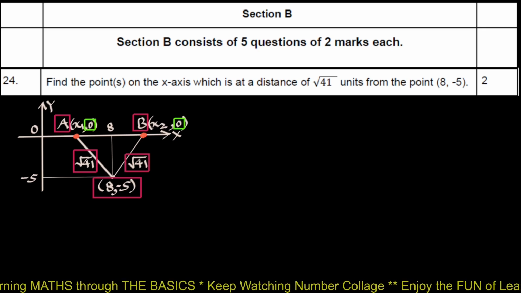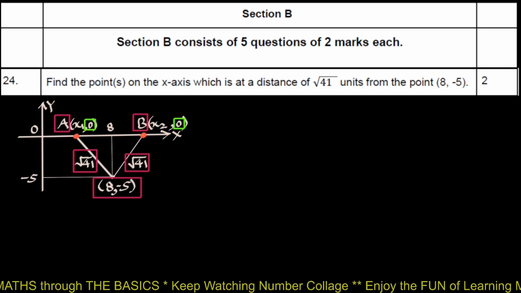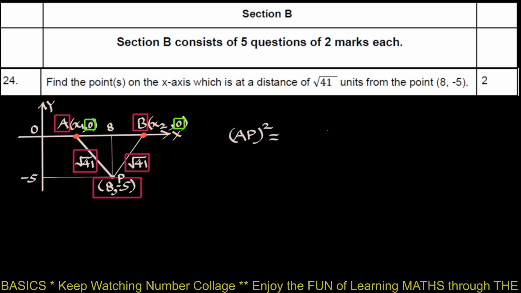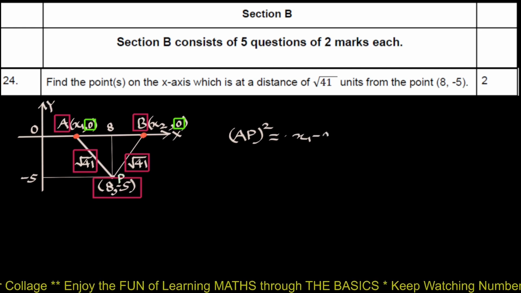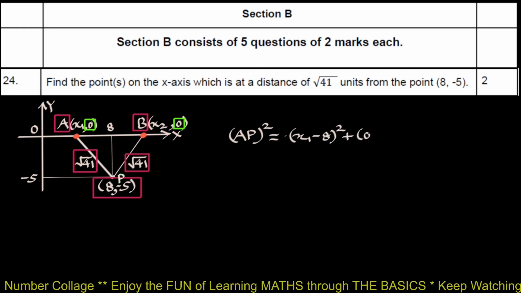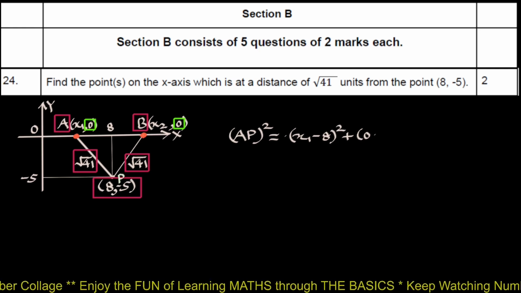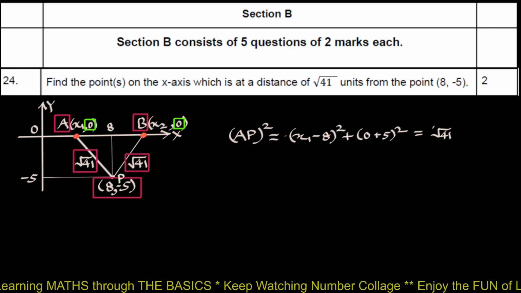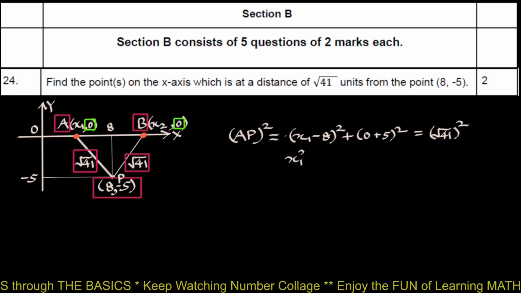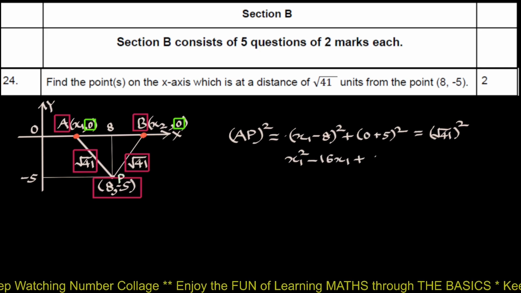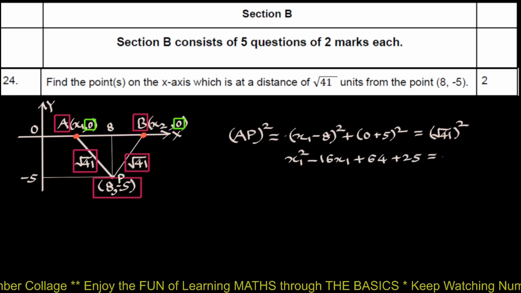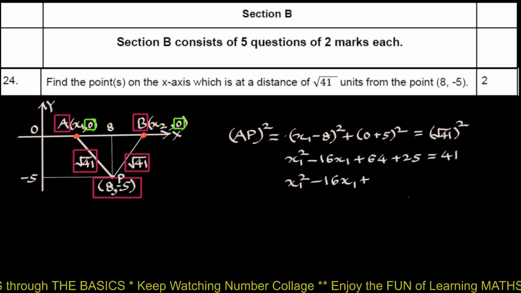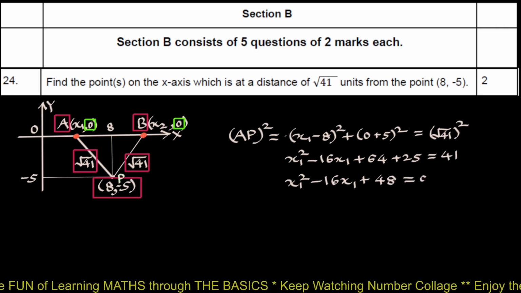Let the point (8, minus 5) be P. So by the distance formula, AP square equals x1 minus 8 whole square plus 0 minus of minus 5, plus 5 whole square, which is given to be square root 41 whole square. x1 square minus 16x1 plus 64 plus 25 equals 41. x1 square minus 16x1 plus 48 equals 0.